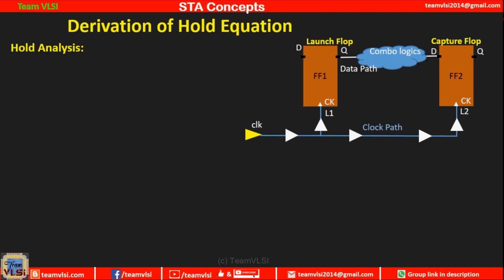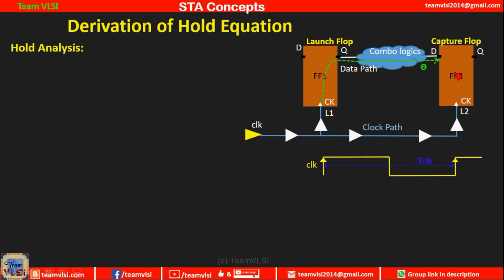Next, let's see the derivation of the hold equations. We have seen this type of register to register path in the previous slides, and suppose the same T_CLK is the clock period. When the clock reaches this point, it will launch the data and it will be received by this clock. As per the hold time requirement, your data path should not be so fast that the data reaches before the hold time of this flop.